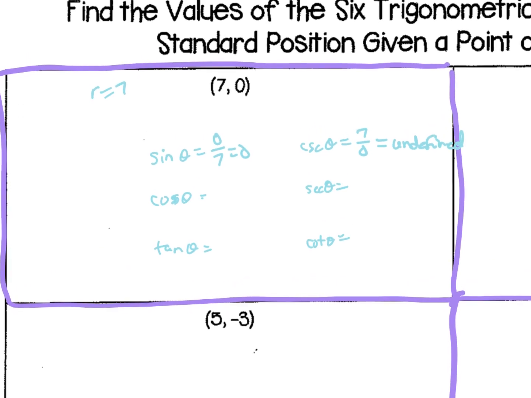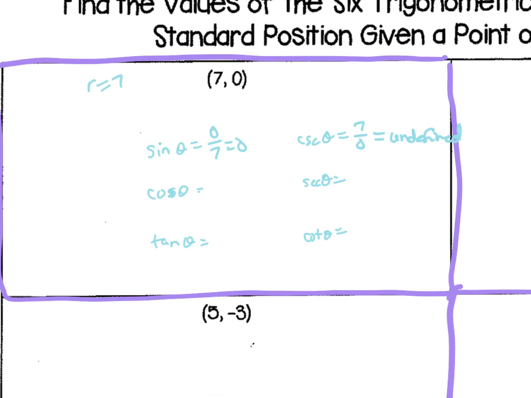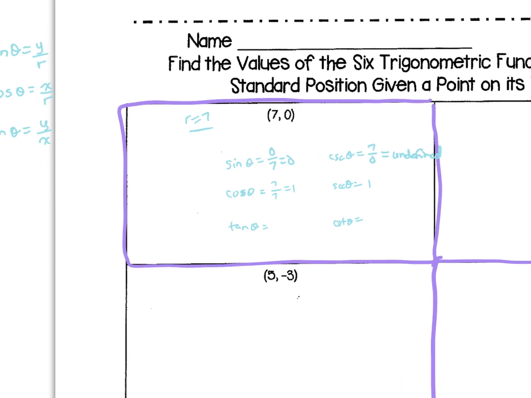So what's our x? 7 over our r value, which is, what's our r value? 7. So we get 7 over 7. So we just get 1 for our answer. Now, if we're finding the secant of that and we flip that, we're still just going to get 1. So that's pretty easy. All right, tangent of theta, Luca?